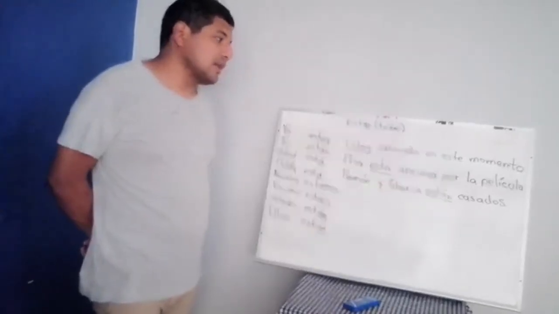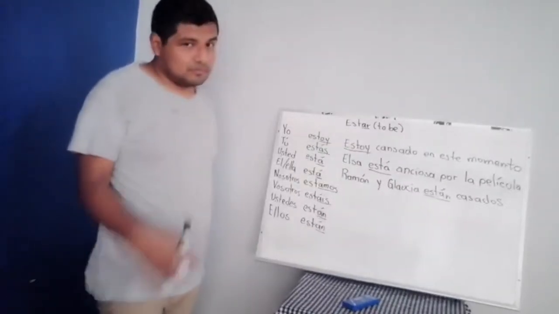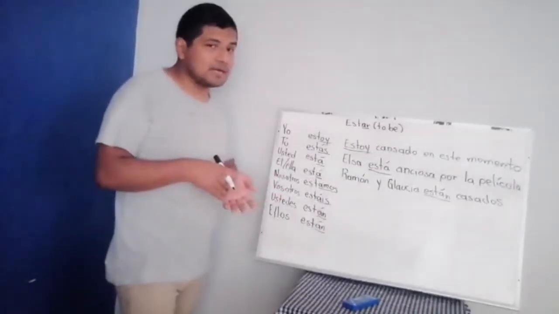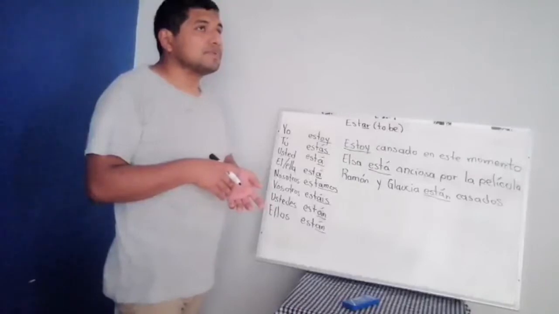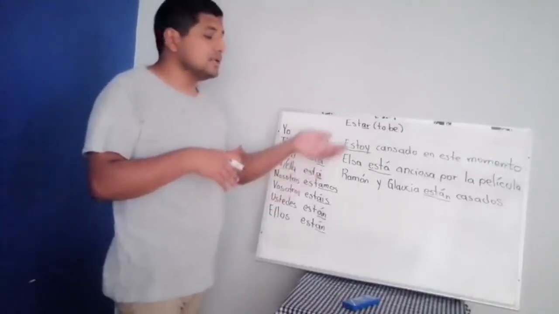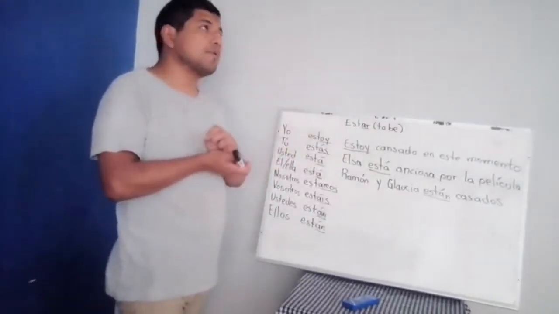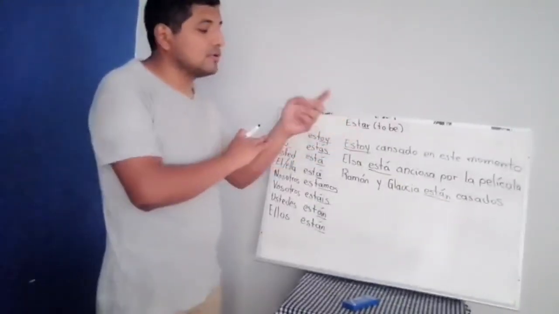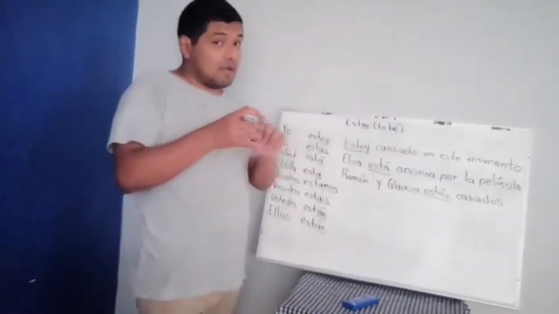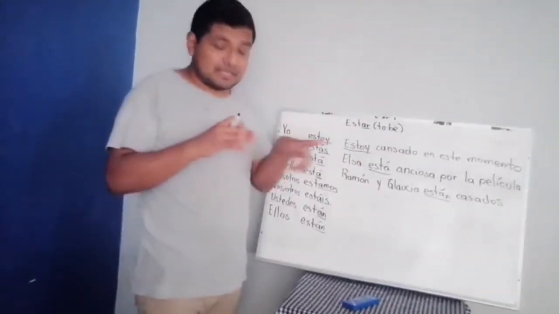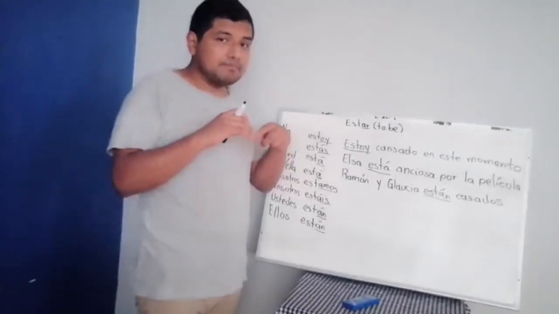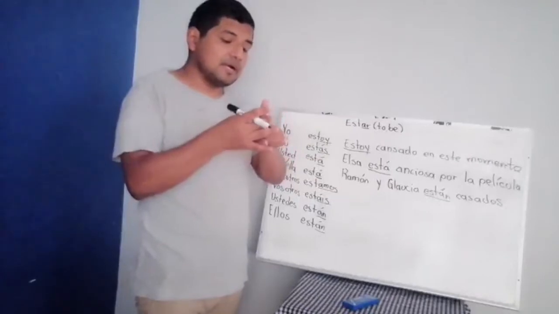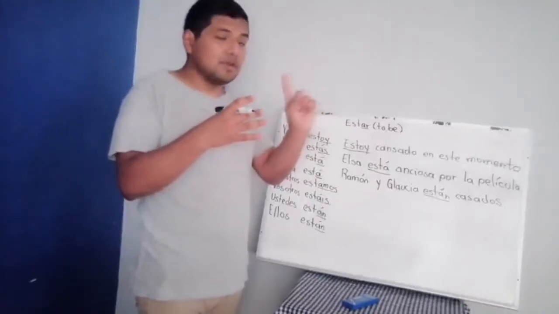We use estar as well with temporal things or temporal actions. For example, probably you have an accident with your finger, probably the dog bit you, and therefore you have a big finger.